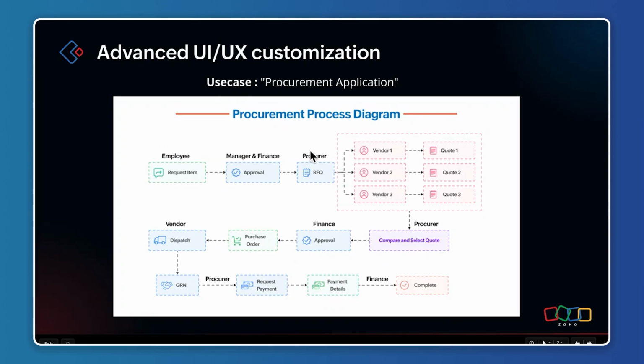Talking about the application flow, there will be internal employees in an organization who will be requesting for an item. Let me give you an example. Let's take the manufacturing industry as a use case. Whenever production is going to take place, the employee will be assigned to the different production processes, right?